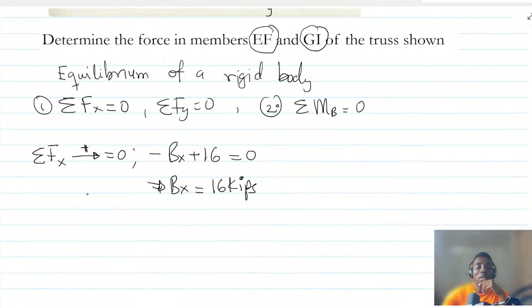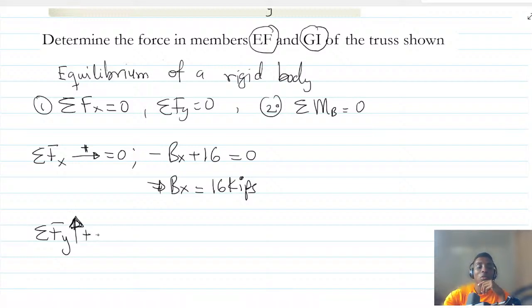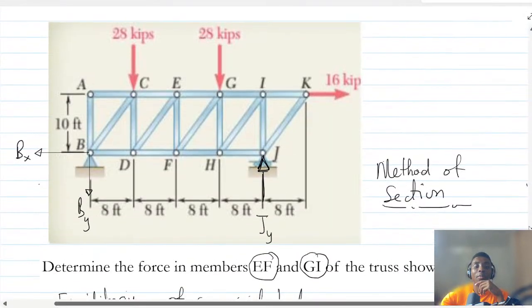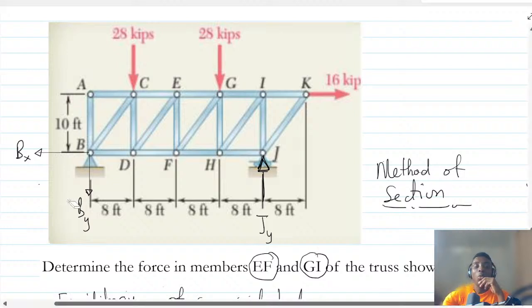Now let's look at the forces in the y direction. Every force going up is positive, should be 0. So you come back to the diagram. How many forces are in the y direction? BY is coming down, so we will negate it.